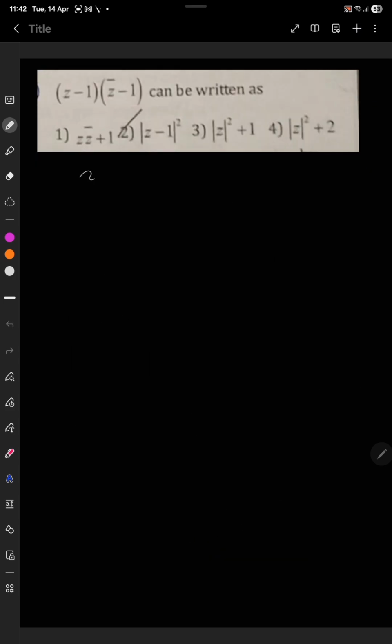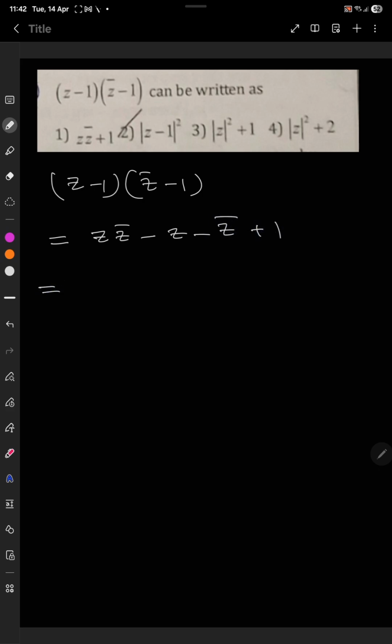In this problem, given that (z - 1)(z bar - 1) can be written by multiplying, we get z z bar - z - z bar + 1, that is |z|^2 - (z + z bar) + 1. We know that |z|^2 is x^2 + y^2, and z + z bar is 2x.